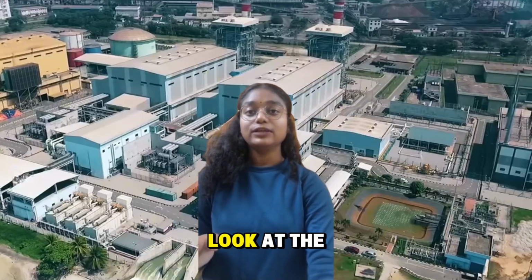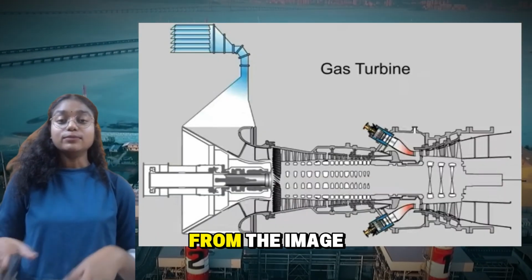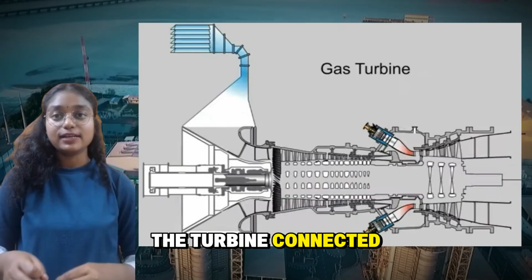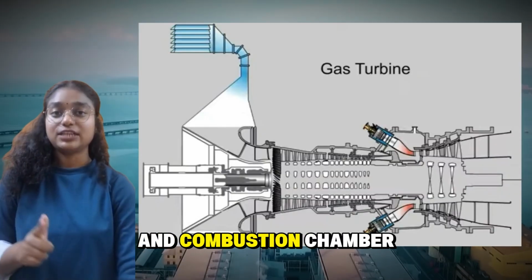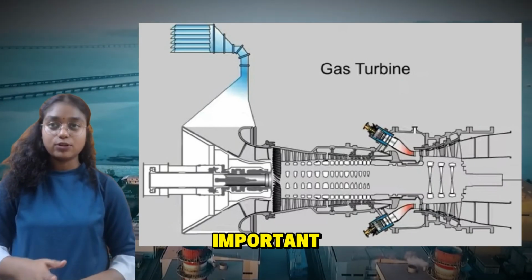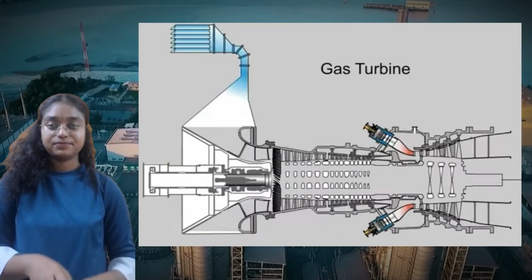Next, we will look at the gas turbine section. This is one of the first major components in the system. From the image, we can see the turbine connected to key parts such as the compressor and combustion chamber. This section is important because it is where the initial power generation begins.